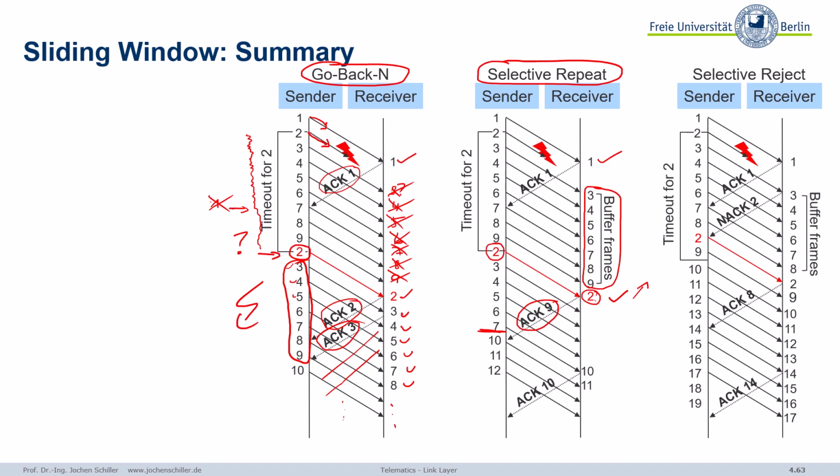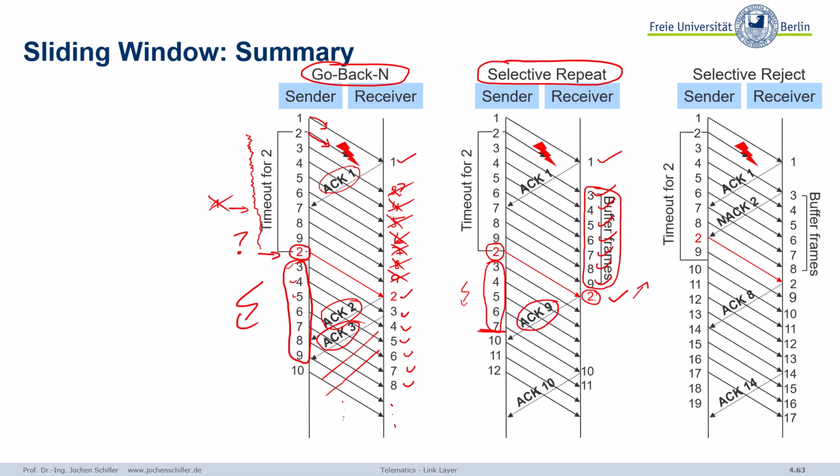You see in this case, we only repeated 3 to 7, which is also still a problem, but not as bad as repeating 3 to 9. And on the receiver side, after 2, we can now deliver 3, 4, 5, 6, 7, 8 and 9 to the higher layer.